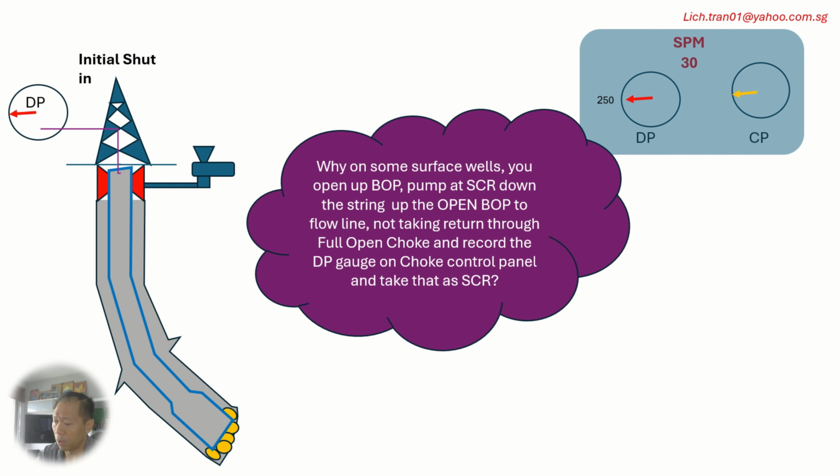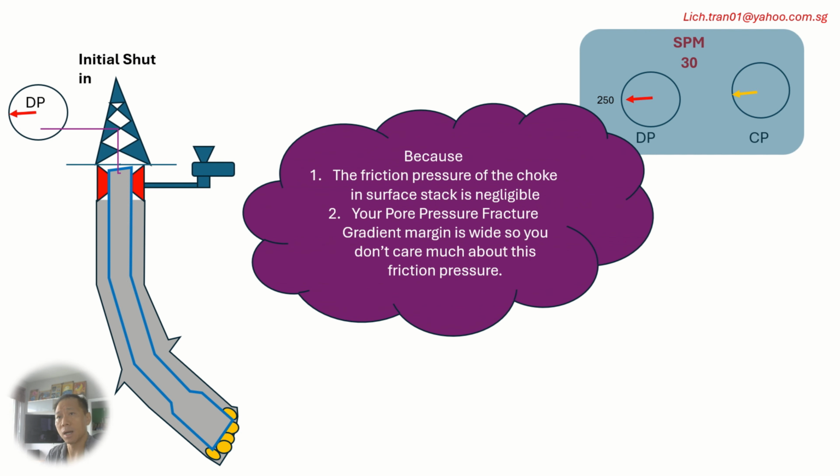The reason you can do it is that on a surface stack, the choke line is short. Therefore, the friction back pressure from the choke is negligible and you can omit it. And number two, in most surface wells, as long as they are non-HPHT, you have a very wide drilling margin between the pore pressure and the fracture gradient. So you don't care much whether this friction loss may break your shoe or not.